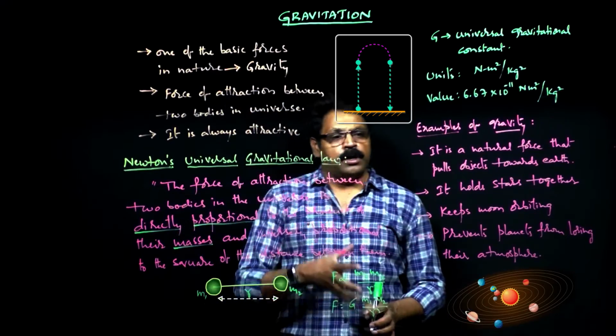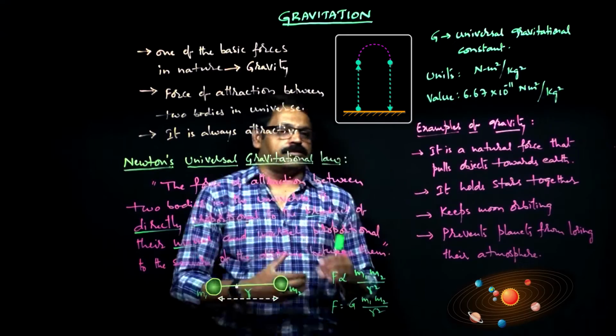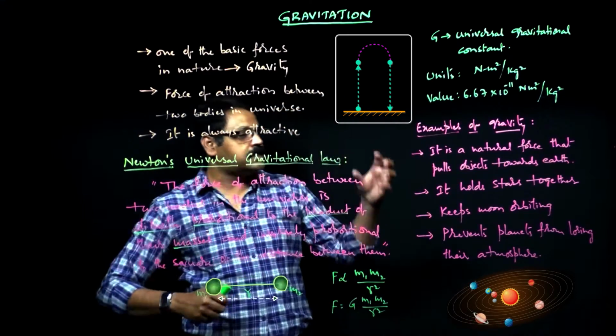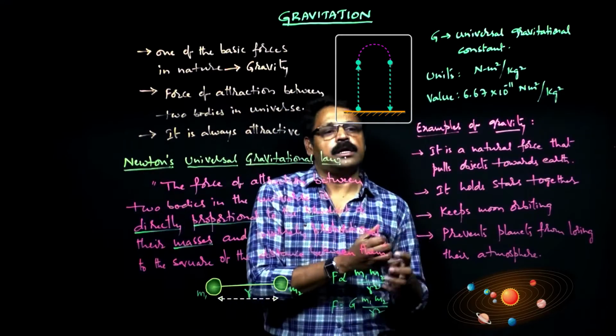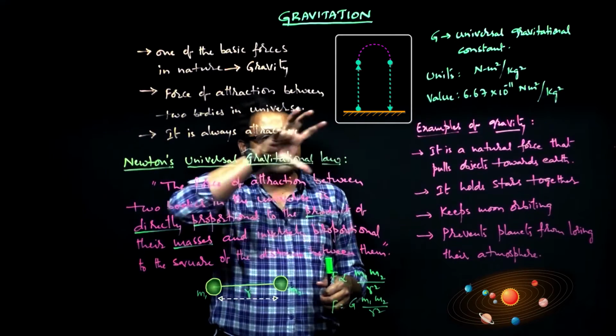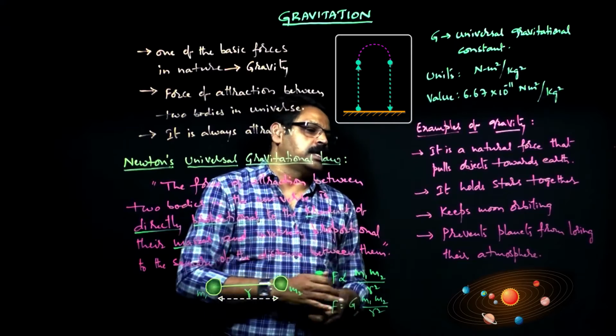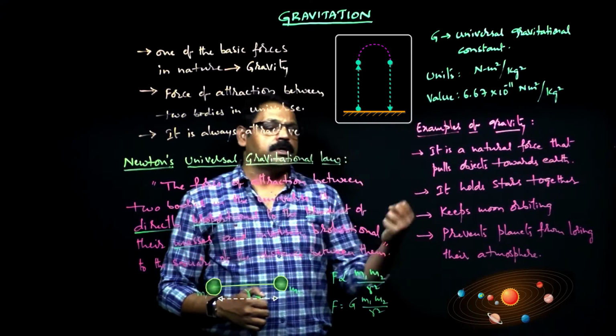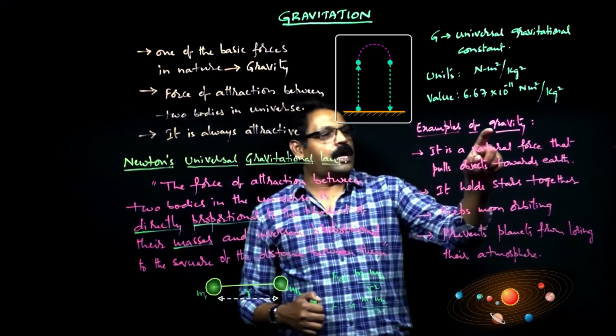And also, to a certain extent from the surface of the earth, there exists an atmosphere. These atmospheric particles are held around the earth to certain heights because they are pulled towards the ground because of gravity.